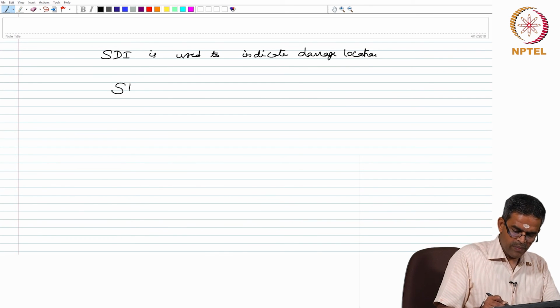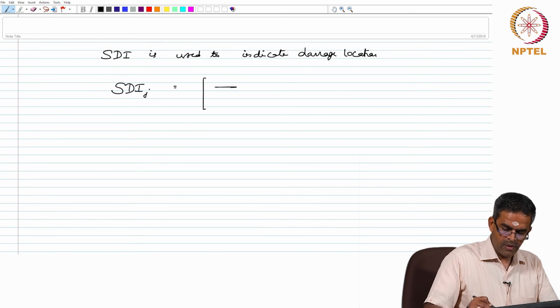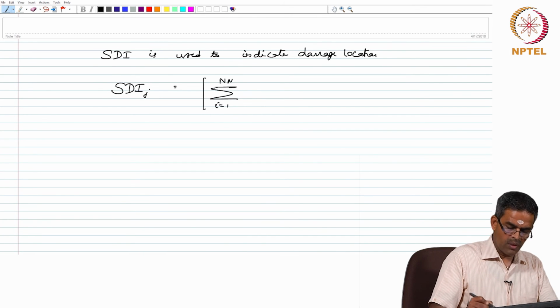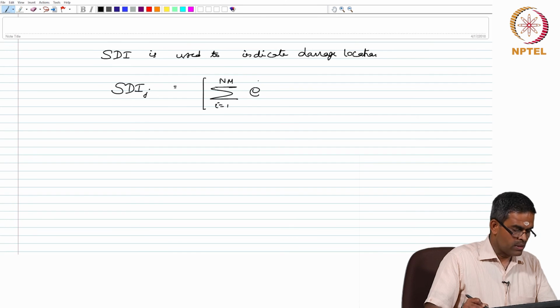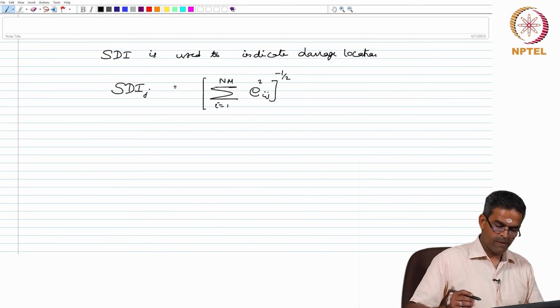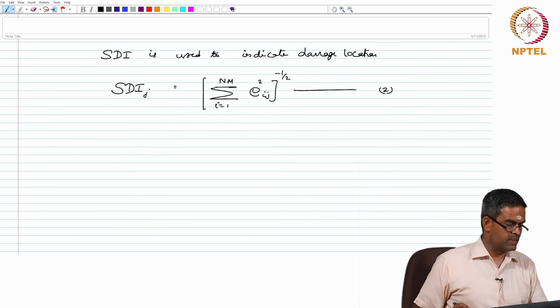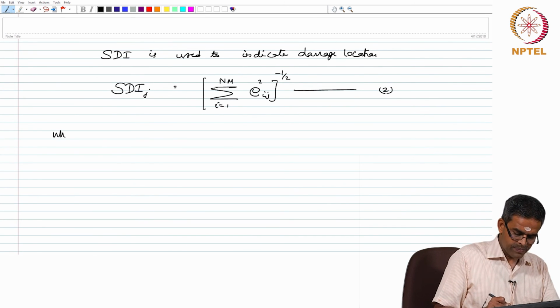SDI j is given by the algebraic sum of i equals 1 to number of modes, E square ij to the power minus half. We discussed this in the previous lecture as well. For our elaborate understanding, we are rediscussing this again.